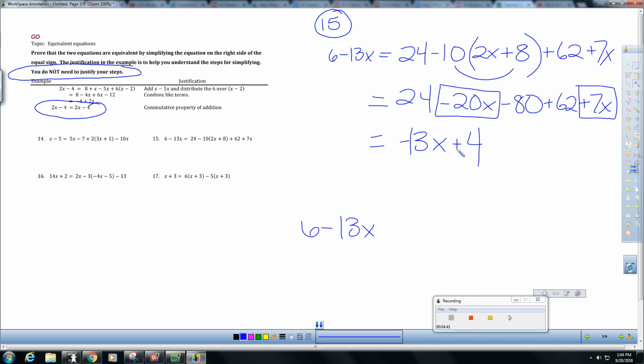I swear that was a mistake. Uh-oh. No. 24 plus 62 is 86. See, now you guys understand. Your teachers aren't any smarter than you. They just have bigger bellies and more experience. 6, 13x plus 6. I'm allowed to add and subtract things in any order I want, so it's just 6 minus 13x, and that clears us to number 15.